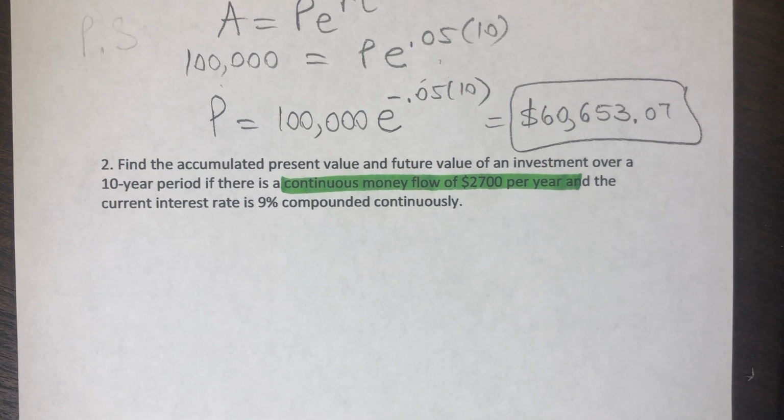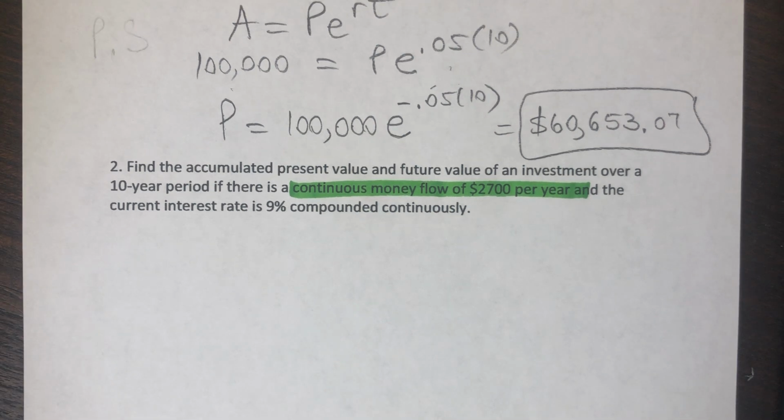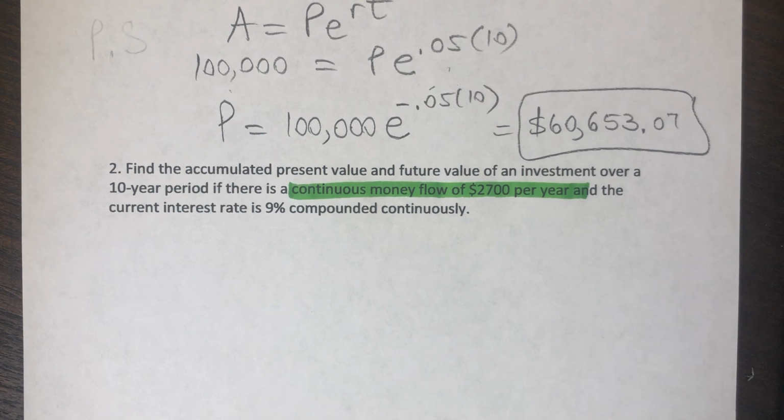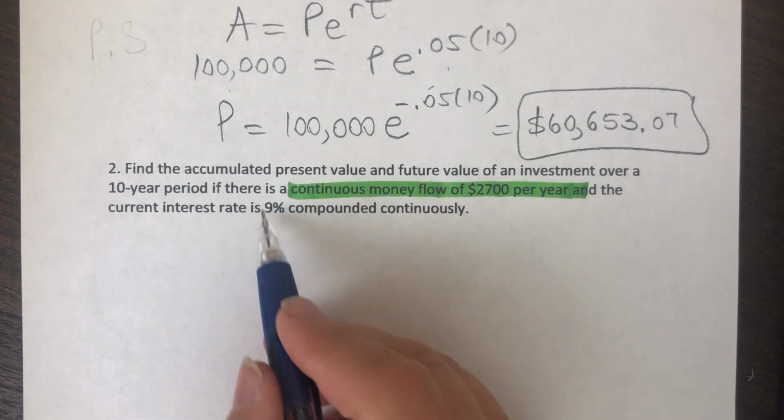So there's a continuous money flow. It's not like you started with an amount and just left it there and went on vacation and came back 10 years later to see what happened to it, right? There's a continuous money flow of $2,700 per year. And the current interest rate is 9% compounded continuously.